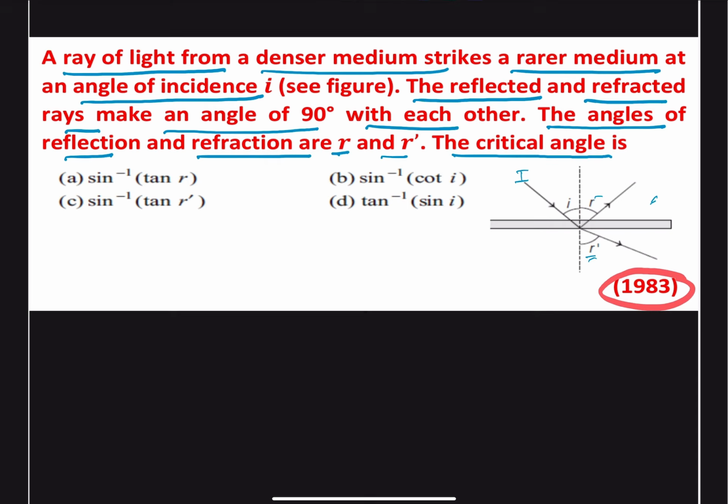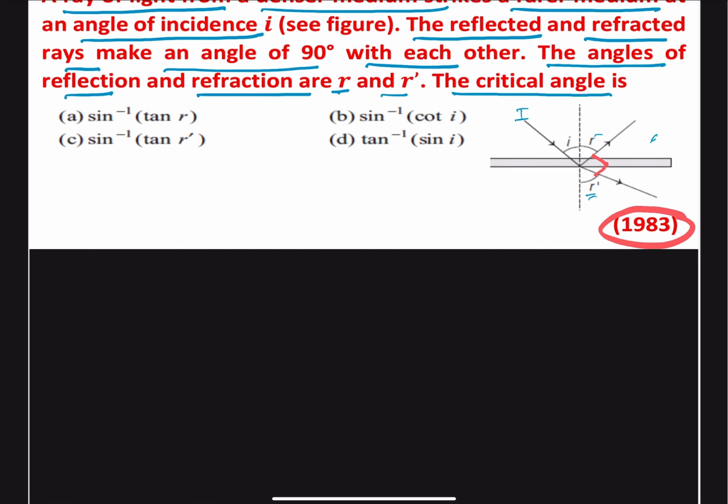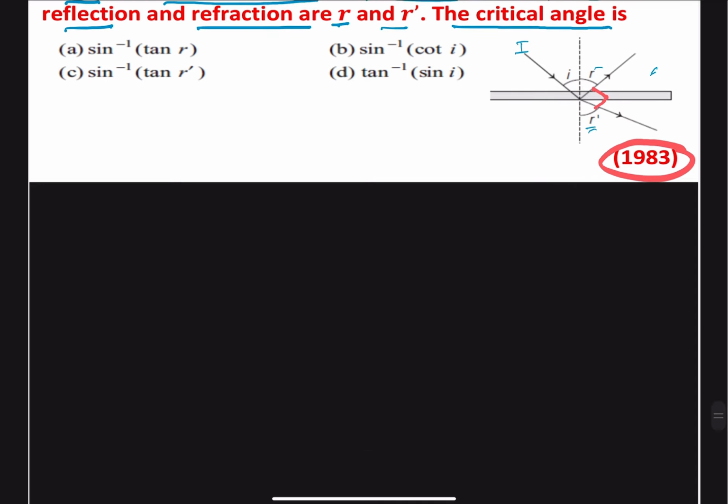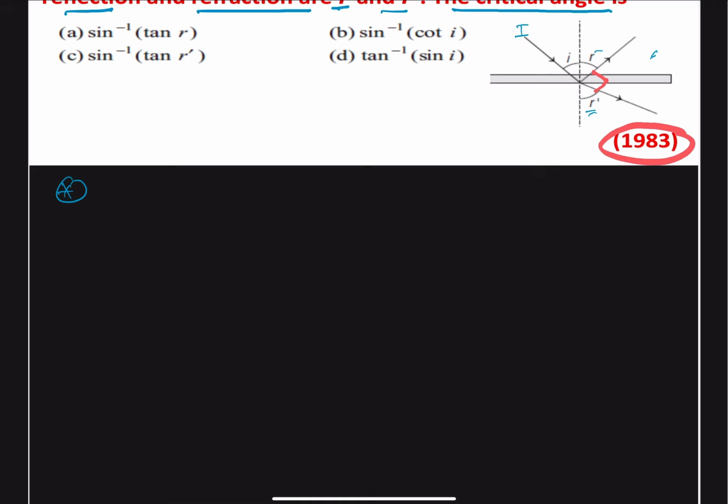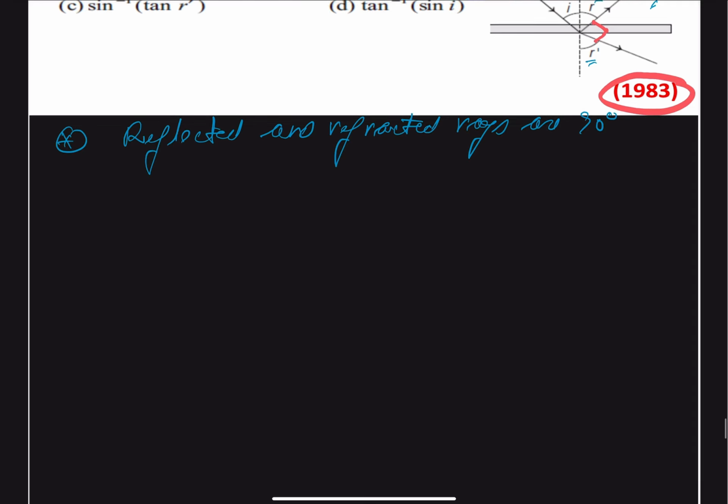So we can say this is our 90 degrees. We are given that our reflected and refracted rays are at 90 degrees to each other.